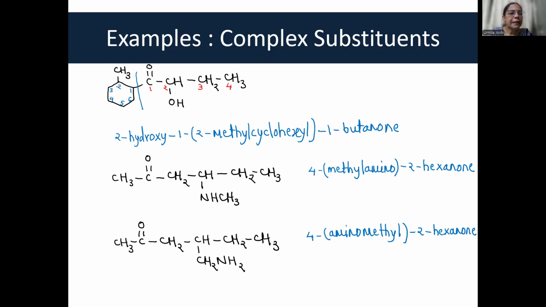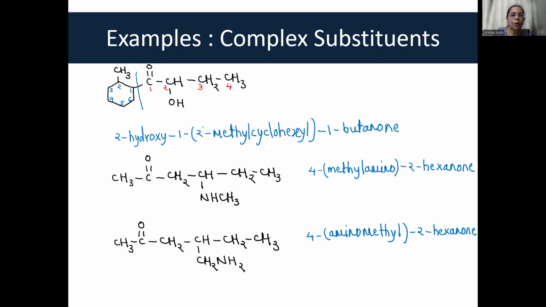Now, it is 2-methyl cyclohexane, but this is a substituent. So, 2-methyl cyclohexyl. How methane becomes methyl, ethane becomes ethyl. Similarly, cyclohexane becomes cyclohexyl. So it is 2-hydroxy. Then at one position, there is a complex substituent. This is 2-methyl cyclohexane. In 12th standard, you may have learned that numbering of 2-.